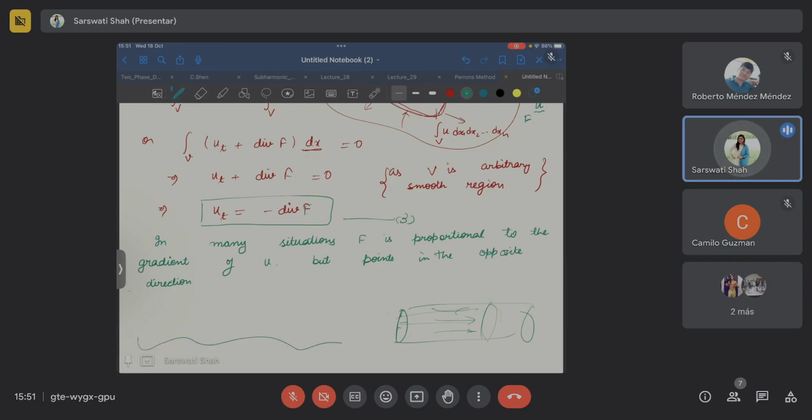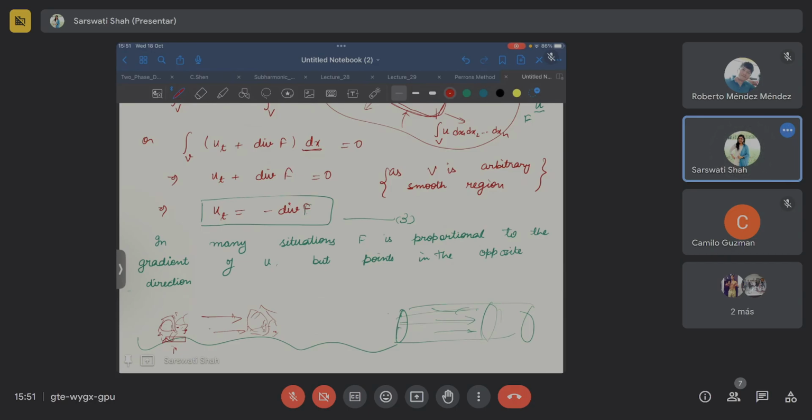In the same way, if you take a river and you drop a color pollutant here, then what will happen? Where the concentration is high, the color will start to move from one point to another point, from the region where the concentration is high.